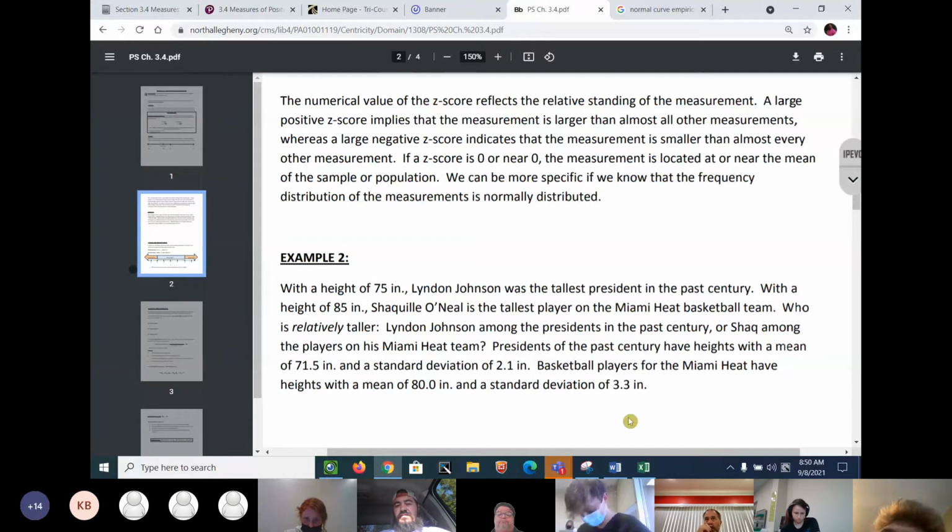Shaq has a height of 85 inches. And at that time, he was one of the tallest players in the NBA.